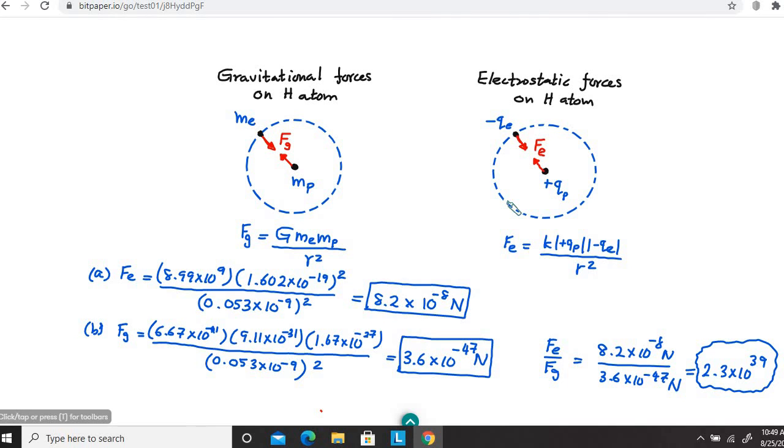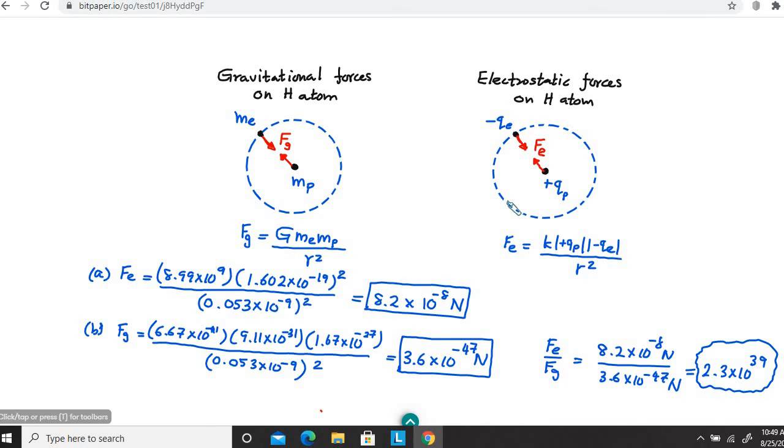So you can see, this clearly tells you that at these small length scales, the size of electrons, the size of molecules, atoms, certain materials, the electrostatic force dominates the gravitational force.